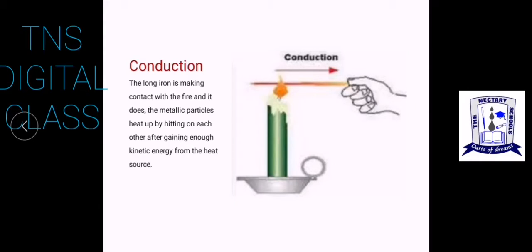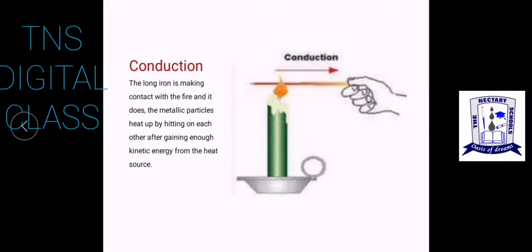Let's look at the following diagram. This diagram describes conduction. As you can see, this long iron is making contact with the fire. So the metallic particles contained in this iron are hitting on each other after gaining enough kinetic energy from the burning fire.